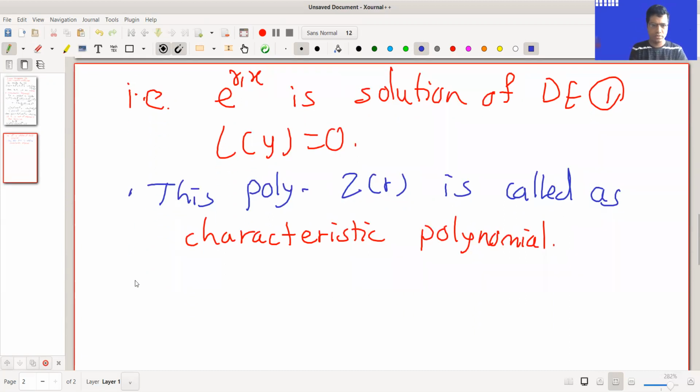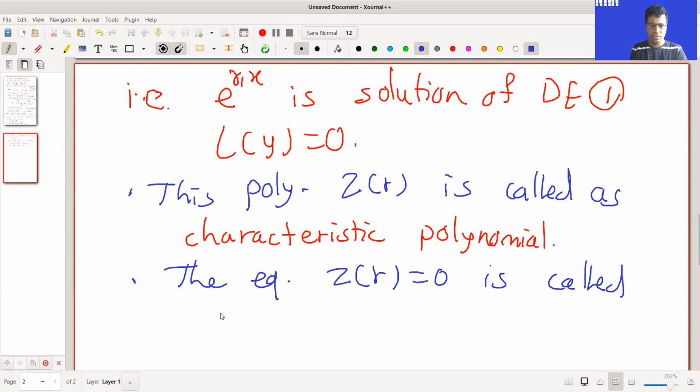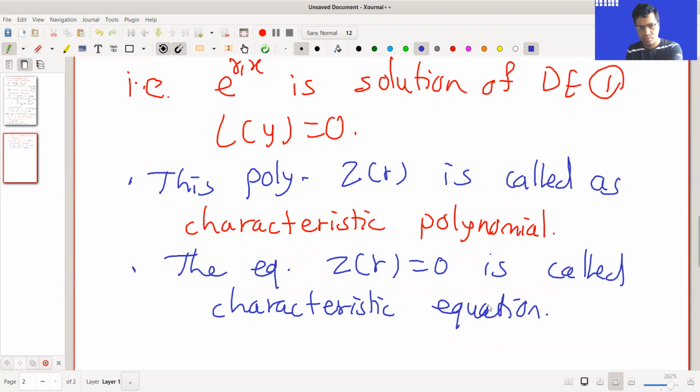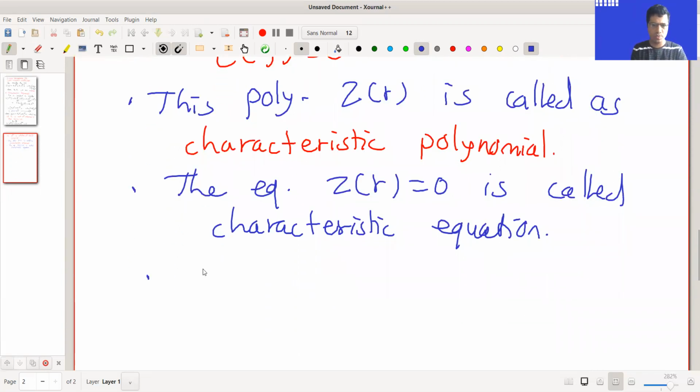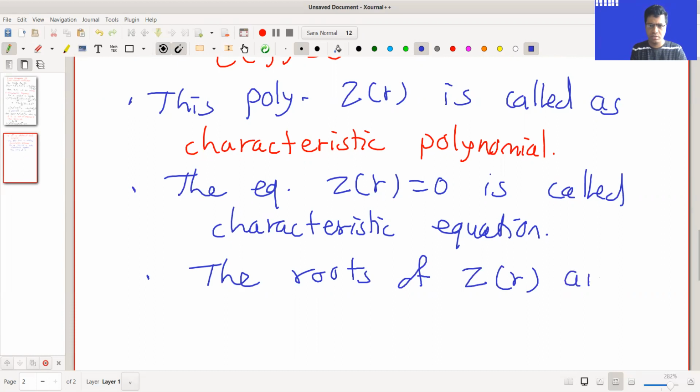The equation z of r equal to 0 is called the characteristic equation, and the roots of the characteristic polynomial z of r are called characteristic roots.